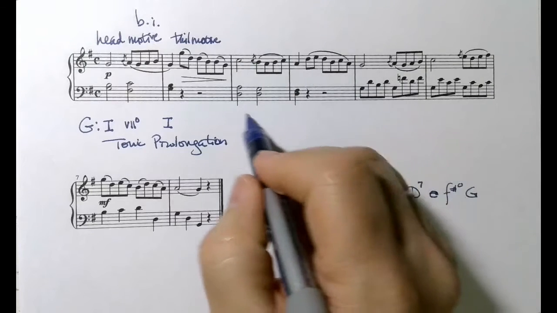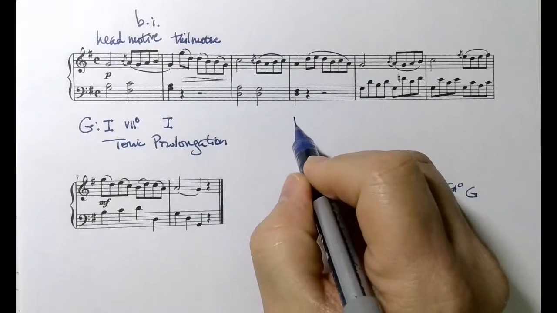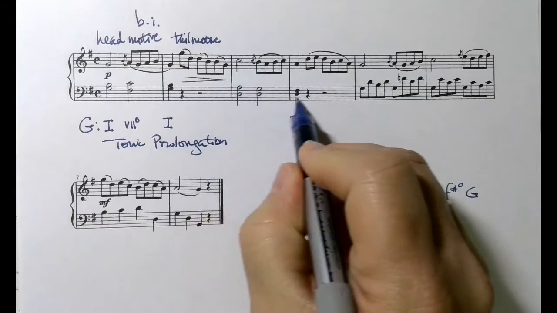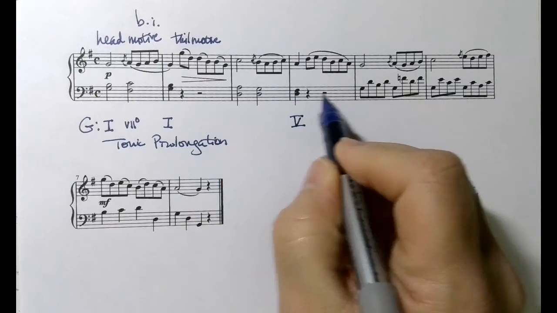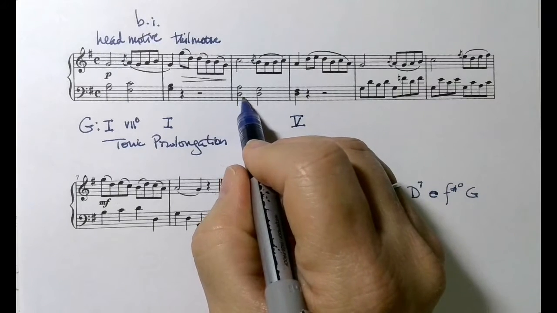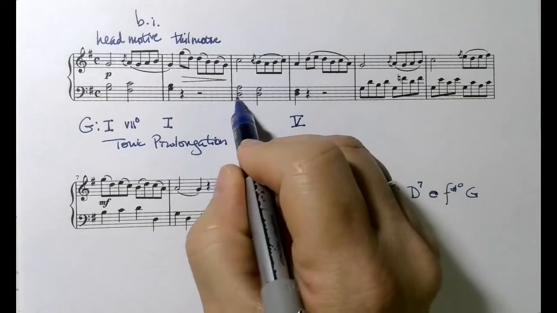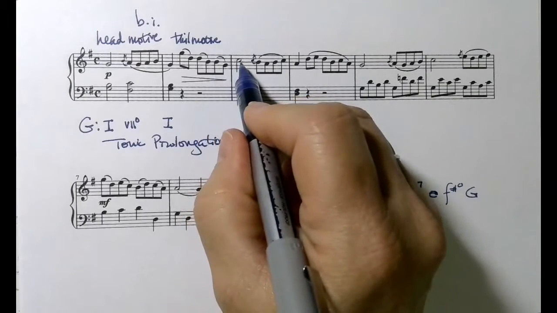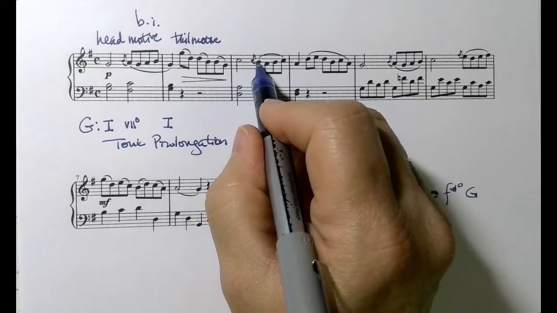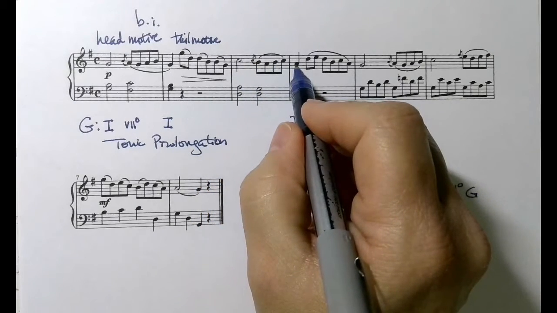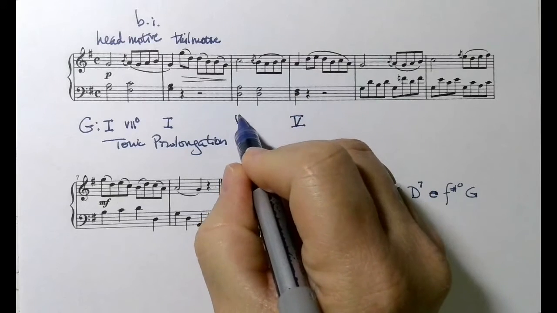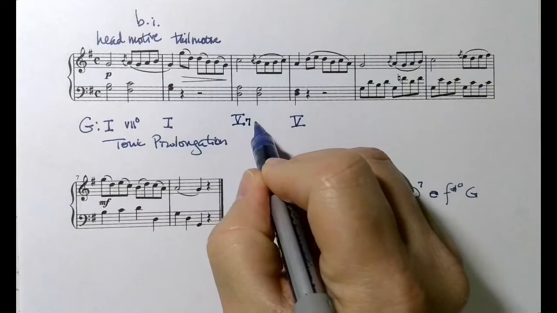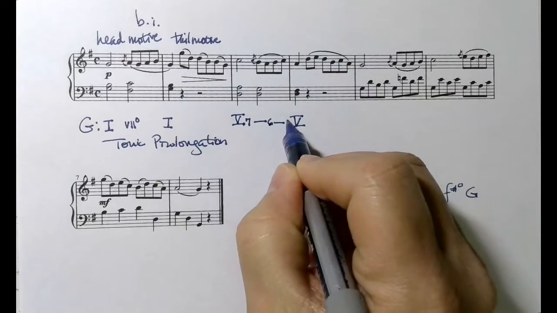The analysis of these measures. Well, we know that on measure 4 we arrive on 5. And really, this is all about linear motion above scale degree 5. There's the D, a pedal D, and in the tenor, A, G, F sharp, and in the right hand, C, B, ornamented, A. So this is not really even about 5, 7, but 5, the 7th, descends to 6, descends to 5.